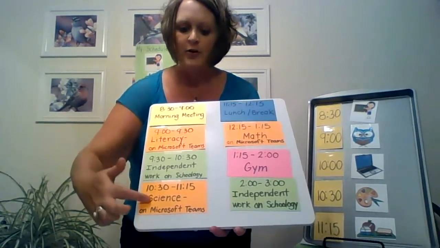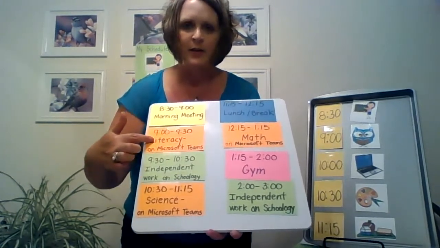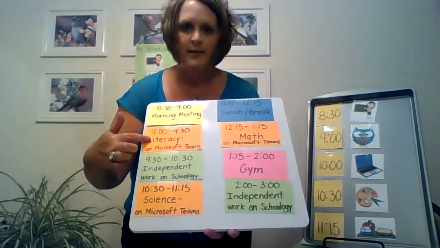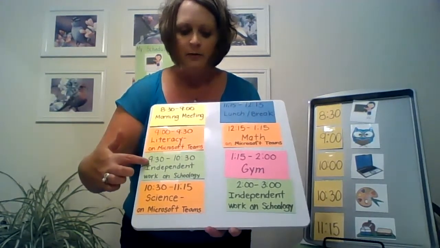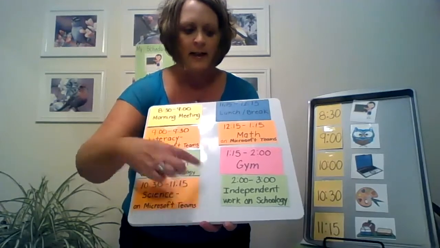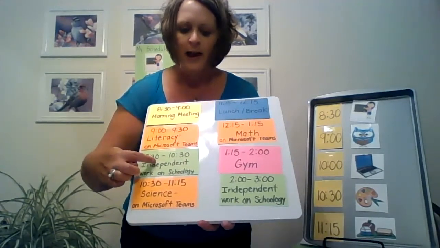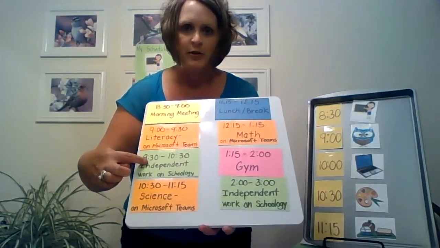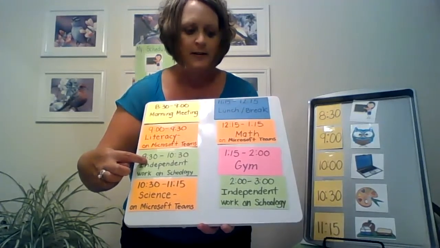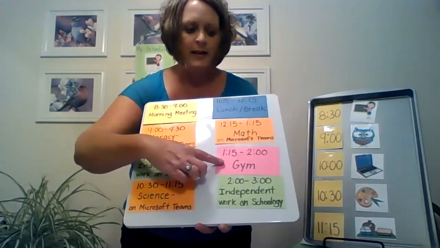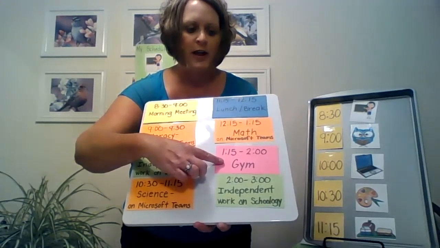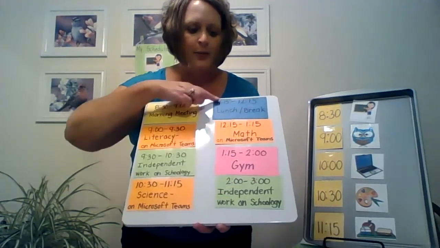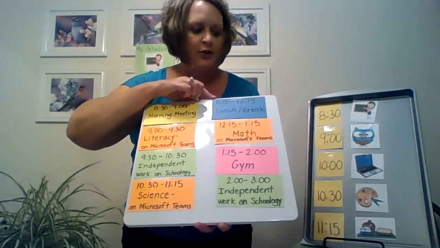So the orange means that I'm meeting with the teacher in Microsoft Teams. The green means it's independent work time, and I'm probably going to be on Schoology completing assignments. The pink is when your child may have gym or music or art, and blue represents lunch and a break.